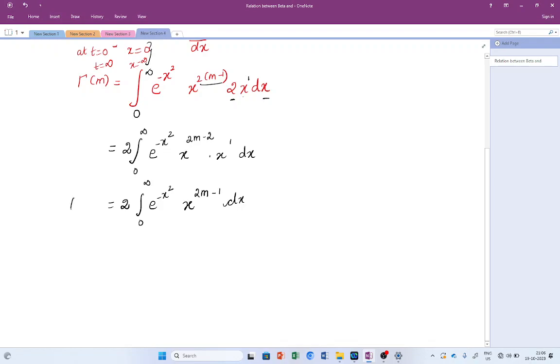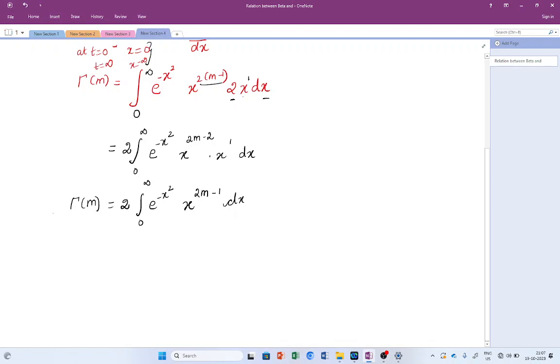Okay, remember that gamma of m under the substitution you can write in this form. Later in the final step we'll be using this formula, so make a note of it. Gamma of m is twice the integral from 0 to infinity of e power minus x square, x to the power of 2m minus 1 dx.